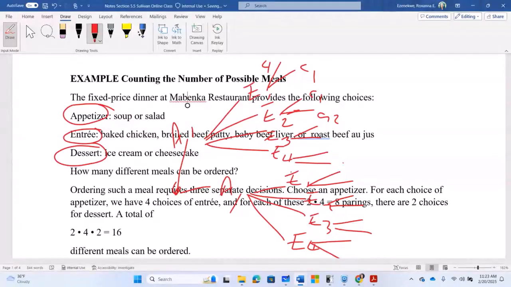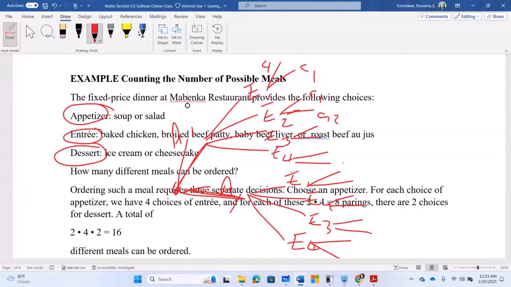So you could be told to draw a tree diagram to show the number of orders that are available to choose from.